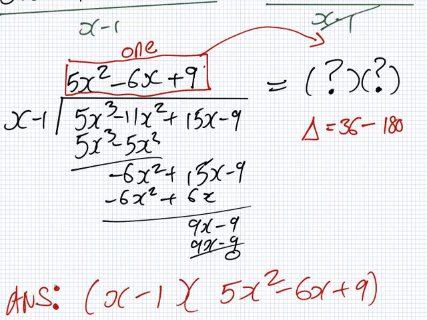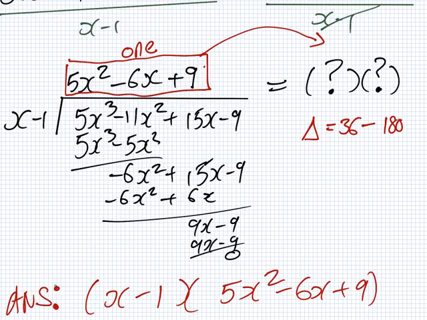I would just use the discriminant to quickly check if it has factors, because you'll be spending a long time trying to find factors here since they don't have any. You can use the discriminant to find the roots, but that's something in a different lesson. Right now we're just using the discriminant to quickly check if it has 2 answers. Because if it has 2 answers, then it has 2 factors. Because it's negative, it has no answers in this case, so we can't do anything with it.